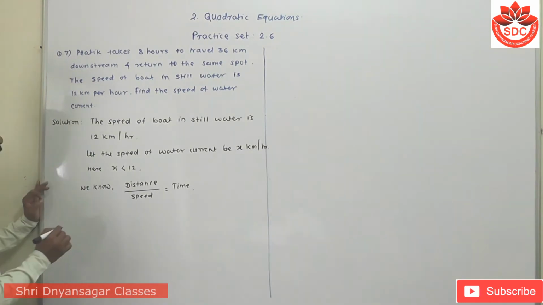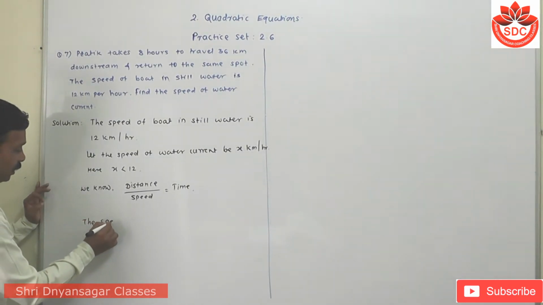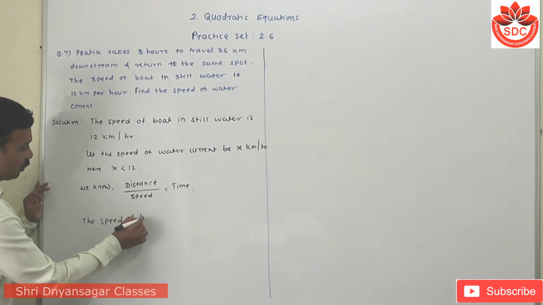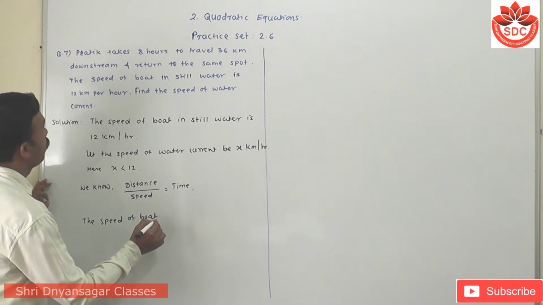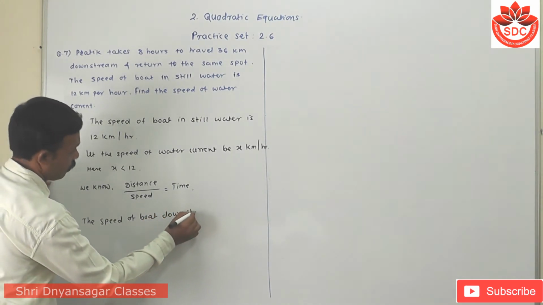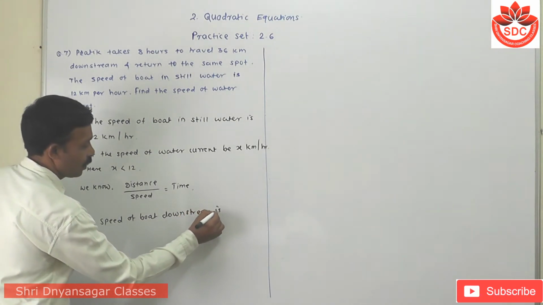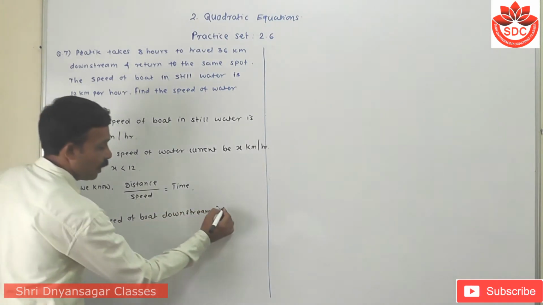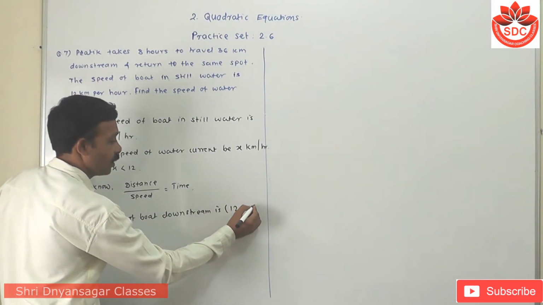Here the speed of the boat downstream is 12 plus x.